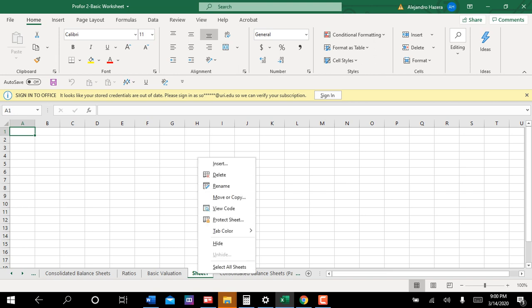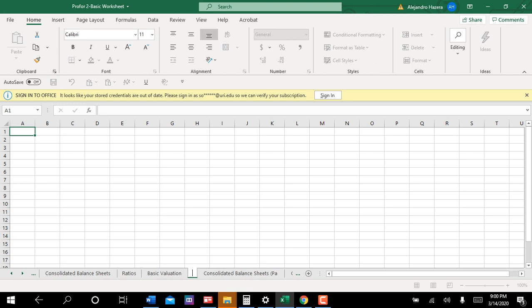Let's change the name of this sheet to Pro Forma Valuation. This is going to be the sheet where we complete our entire valuation of Applied Materials using pro forma financial statements.